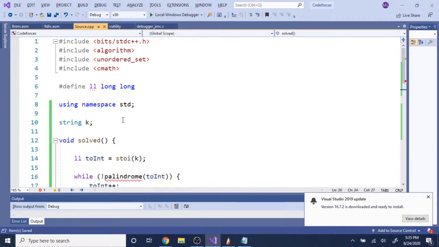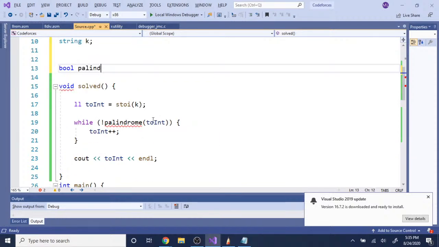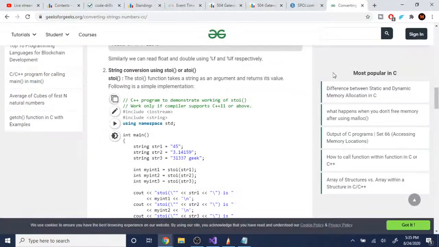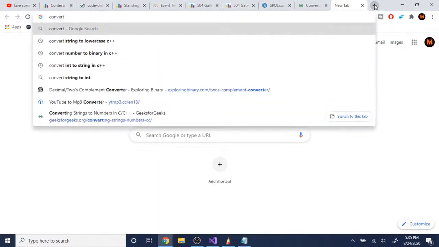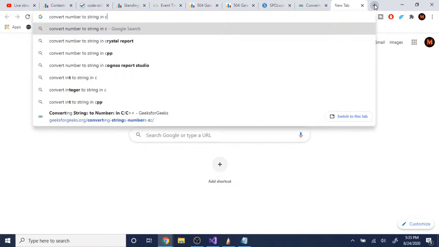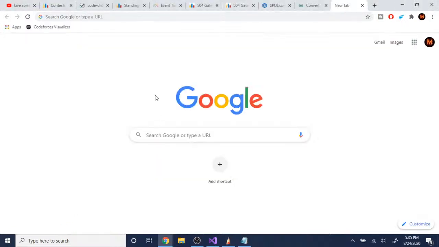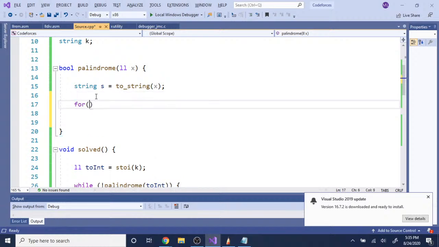So I have a function called boolean palindrome that takes in an integer, let's say x, and then I convert it to a string. So let's convert number to string in C++. to_string, and I put in to_string. And then I check if it's a palindrome.